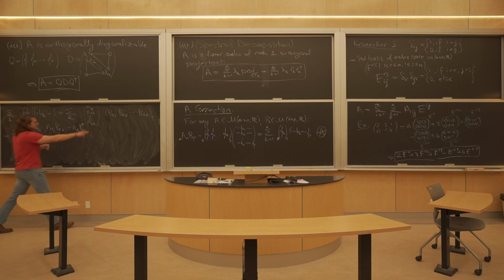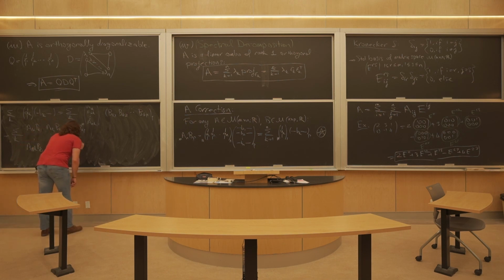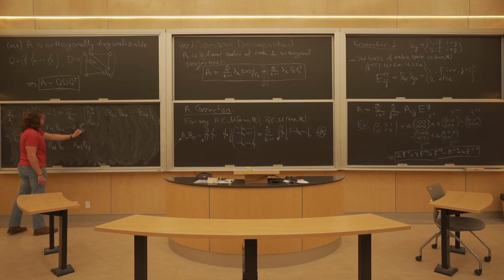Second row is similar. Now I get to take this number and multiply this row. And finally, I'm going to take this number, multiply it by that row, and that's going to be my final row. So now, finally, I get this: Amk Bk1, Amk Bk2, all the way up to Amk Bkp. And again, I'm taking the sum over all k's.